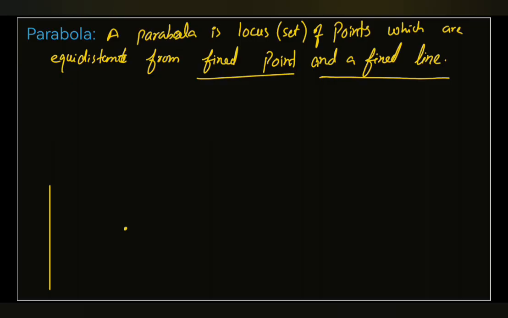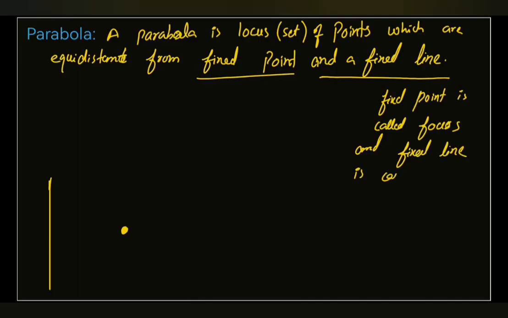Let's suppose we have a point in the plane and a line in the plane as well. This fixed point is called focus, and the fixed line is called Directrix.